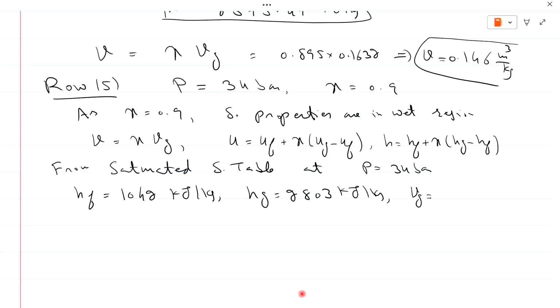Vg is equal to 0.05875 meter cube per kg. Uf is equal to 1038 kilojoule per kg.